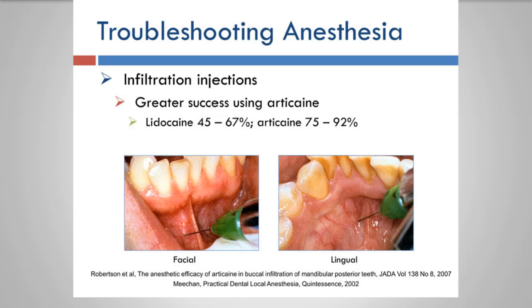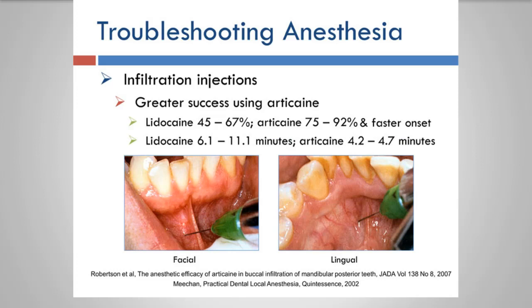It also was faster onset with articaine, 6 to 11 minutes with lidocaine, about 5 minutes with articaine. And again, I stress that a big advantage with articaine is that lots of times if we give a buccal injection, we also get the lingual or palatal anesthesia as well. So we may not need to do that second injection.